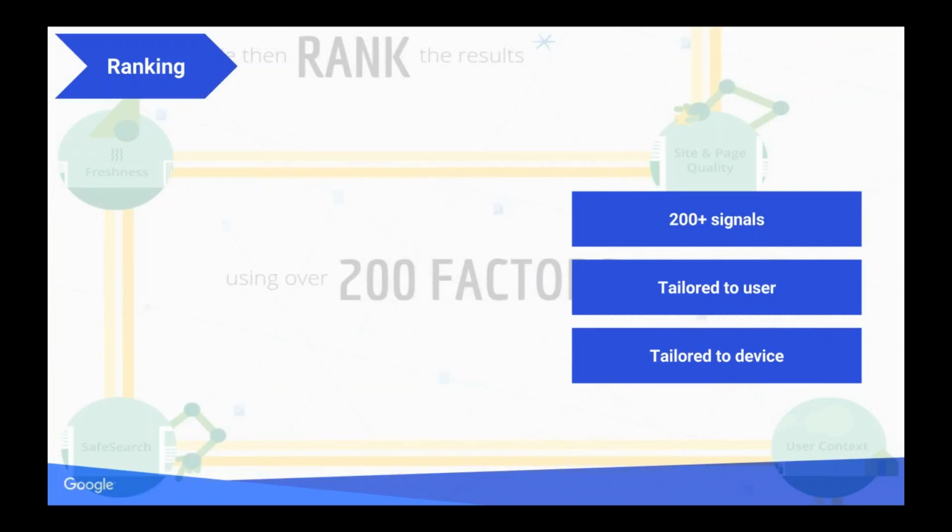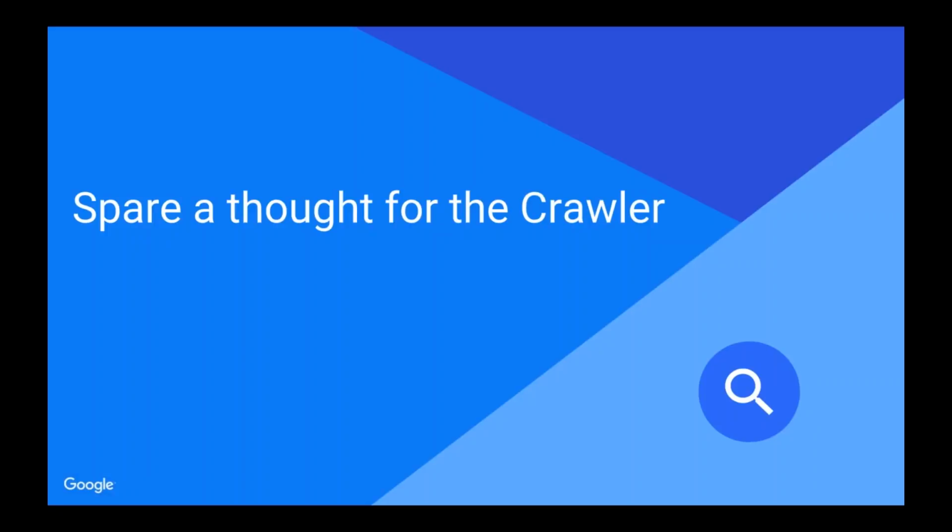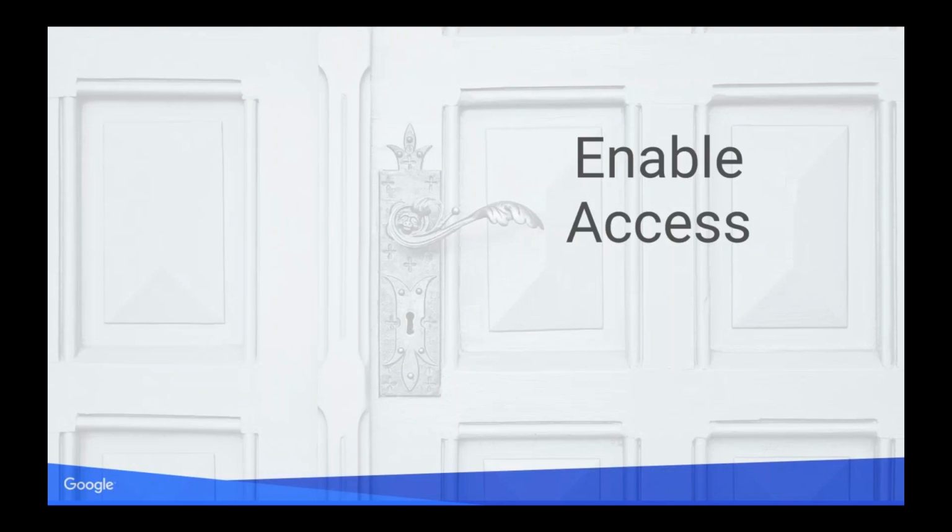Okay, but for all of this to happen, Google needs to be able to access your content in the first place. So please spare a thought for the crawler, and whenever you're building your website, make sure you're not inadvertently blocking access to Google. In fact, there are many ways you can prevent Googlebot from accessing your website, even if you do not do it intentionally.